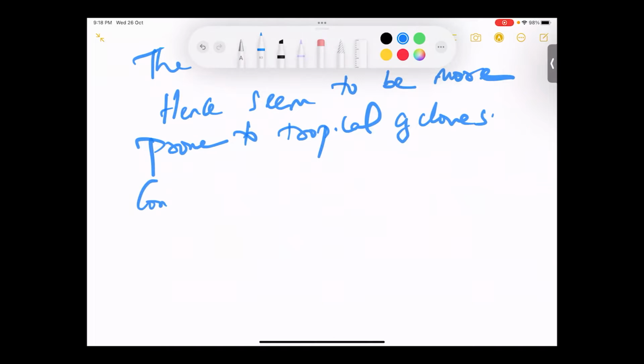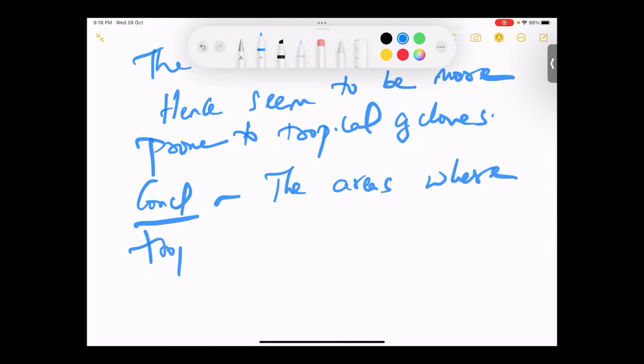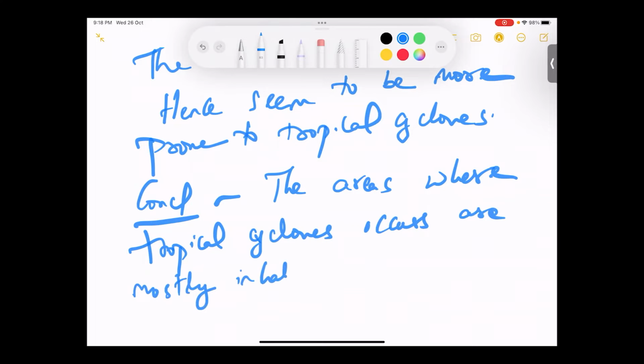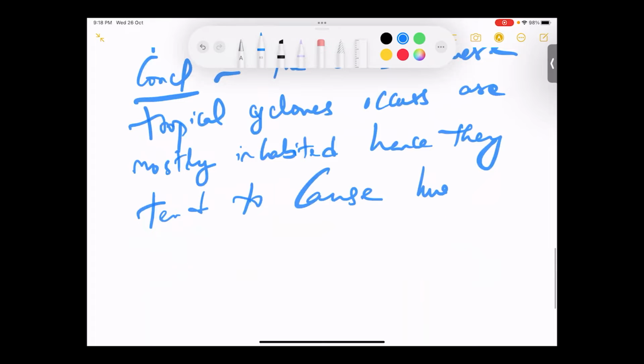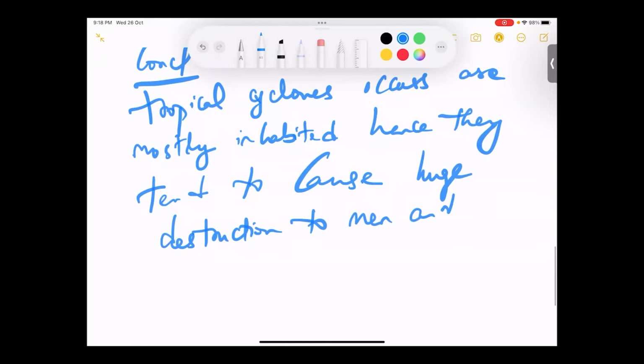Then in the conclusion, you can say the areas where tropical cyclones occur are mostly inhabited, hence they tend to cause huge destruction to men and material.